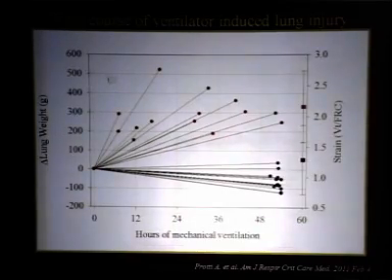Then, suddenly, PO2 goes down, compliance goes down. In 2 hours, you have a disaster. You have a big edema, the lung weight becomes 3 times normal, 2 times normal. So we have a sort of threshold, below which the lung is perfectly resistant, and above which it is not.